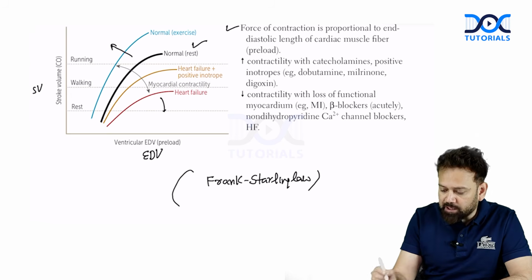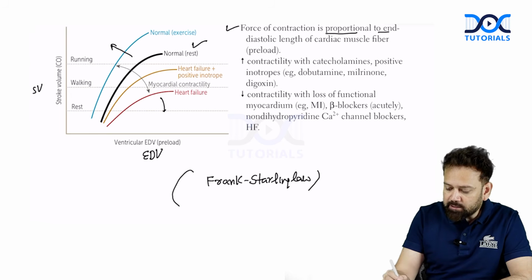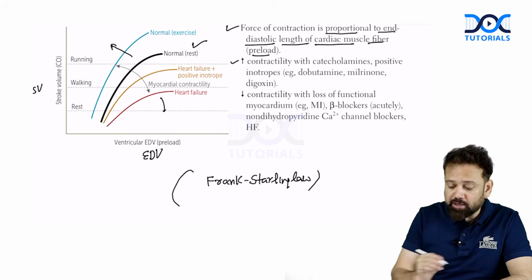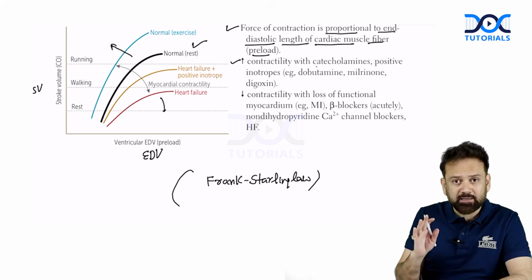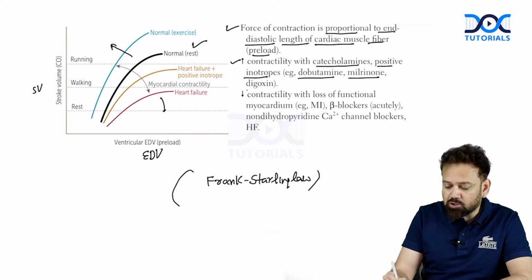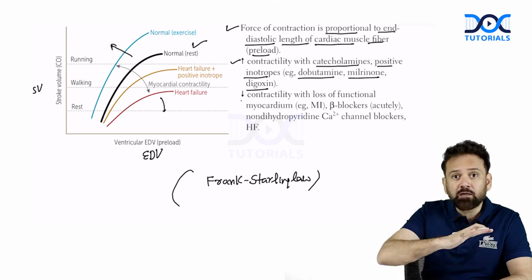Now, force of contraction is proportional to end diastolic length of cardiac muscle fiber or preload, which law? Frank-Starling law. Increased contractility, we have discussed so many factors, like for example, catecholamines or positive inotropes like dobutamine, milrinone or digoxin, they will shift the curve towards the left.